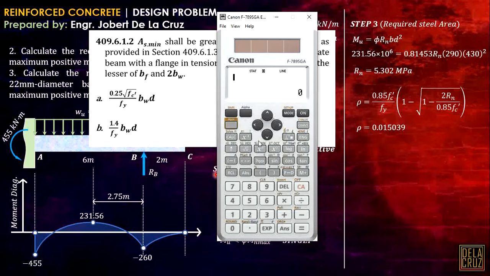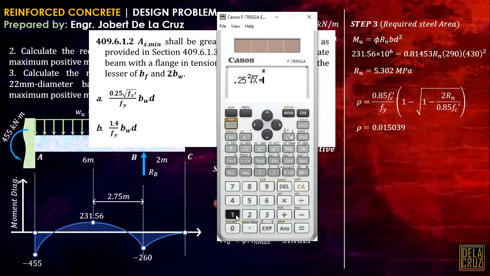That is 0.25 square root of f'c. That should be alpha. Okay, and alpha solve equals to, equate natin dito.